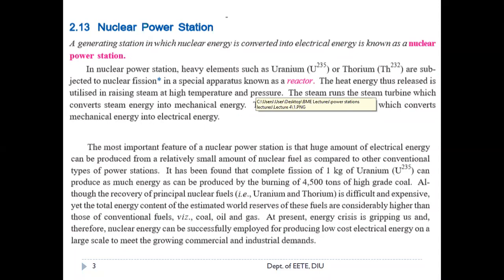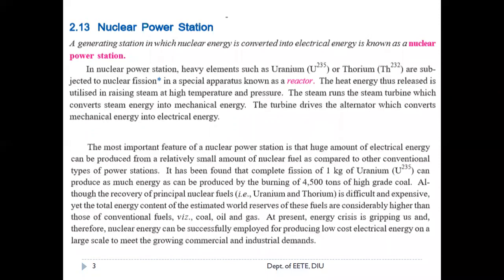The basic concept is quite similar to the steam power plant, but there is a different concept of giving heat. In the steam power plant we give heat by burning fuel, but in this situation we give heat by a nuclear fission reaction, and the byproduct of the fission reaction is heat. We use that heat to produce steam.